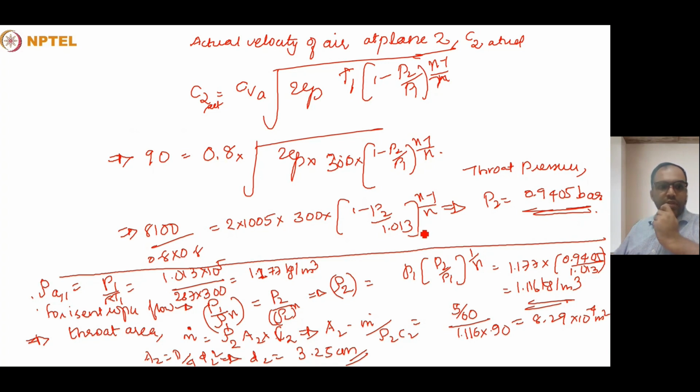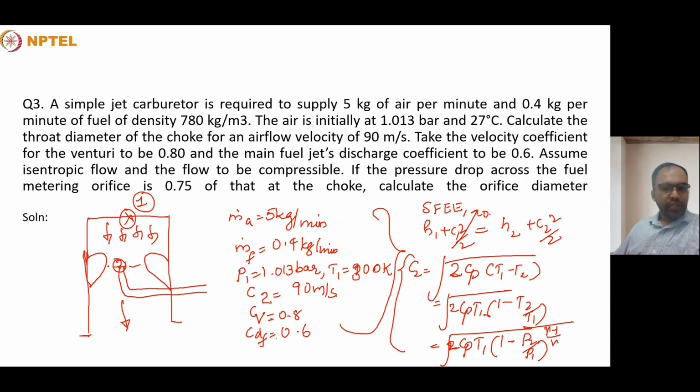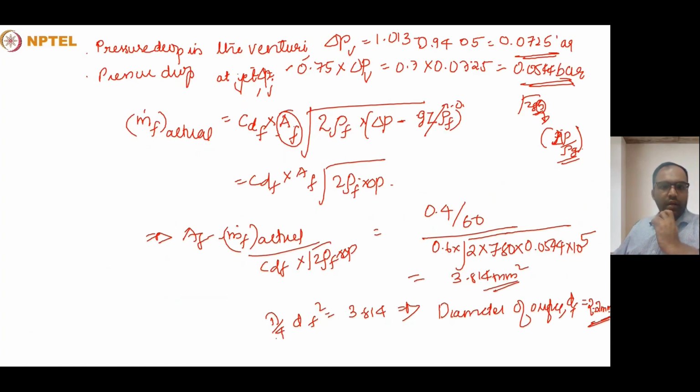And the pressure at the venturi is calculated from the pressure at the beginning using the steady flow energy equation as well as the venturi coefficient. So this solves the numerical. Next, we'll look into a few multiple choice questions.